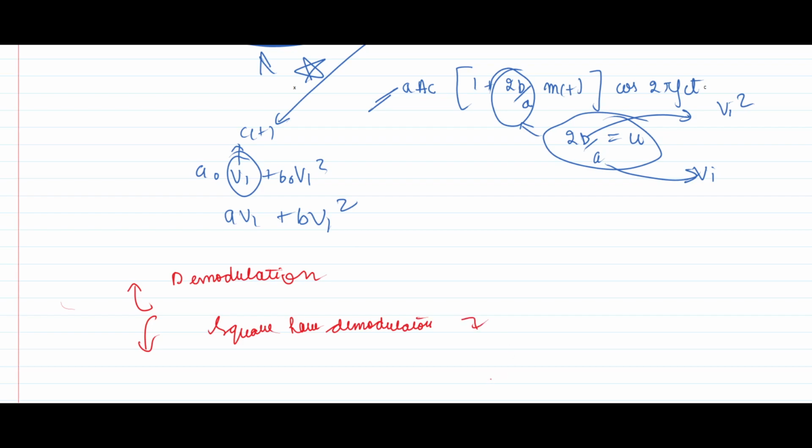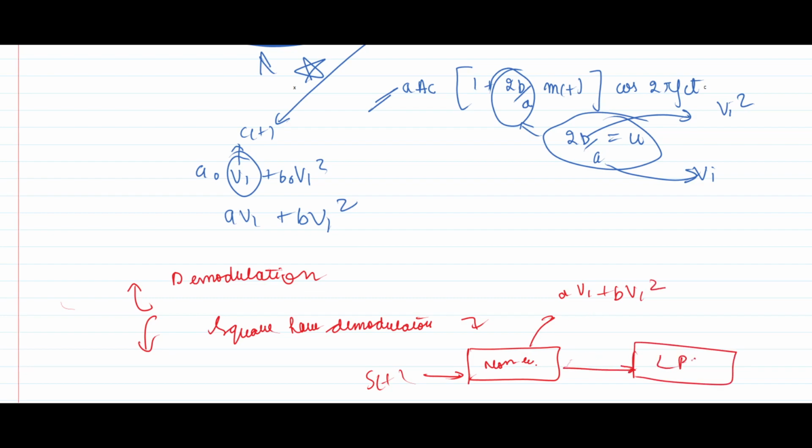So what happens here is we give the received signal to a square law device. A square law device is a nonlinear device again, which can be anything like a vi plus b vi square. It can be anything, and it is passed through a low pass filter.